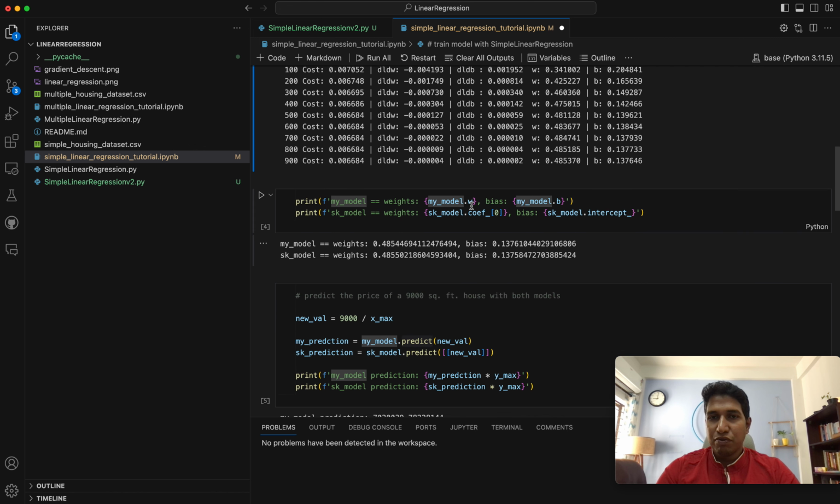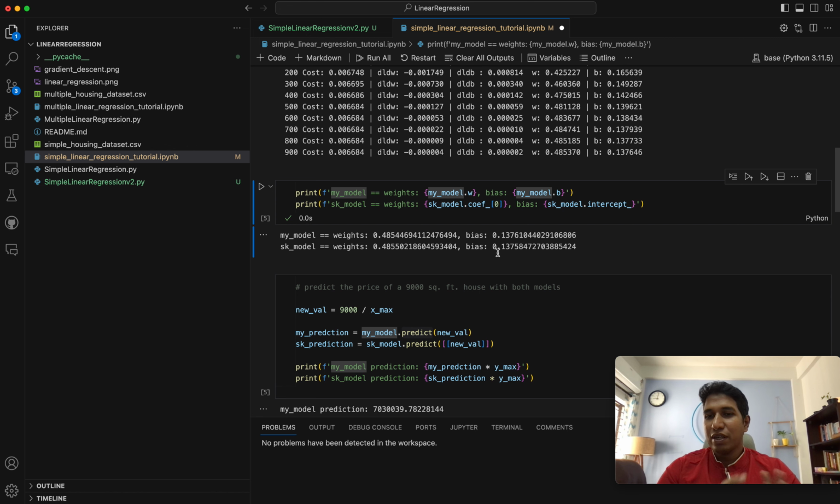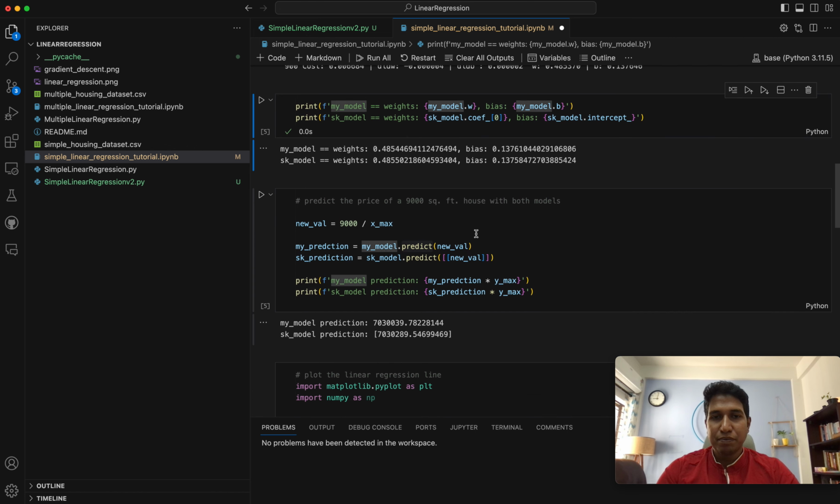Finally, we print the weight and the bias using both our model as well as the scikit model. And you can see they're almost the same, so our learning algorithm could also figure out similar values for weight and bias. Now let's also make a prediction.